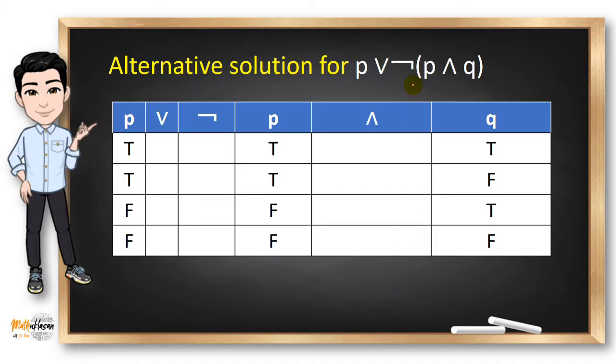And of course, we still need to follow the laws of precedence. So here, we need to have P and Q first. So comparing this column and this column, we'll have what? True and true, the answer is true. And the rest are false.